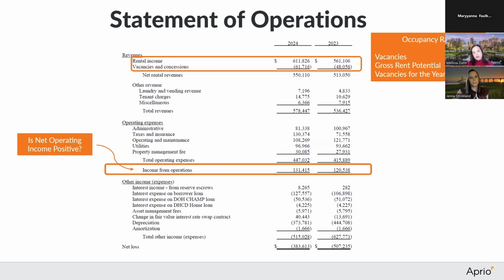So I see, are required deposits to reserve accounts considered an expense? If not, why? So they are not considered an expense. They are considered an addition to your balance sheet. So it is cash that is going out the door of the partnership, but it's being placed in a reserve. So you still technically have that as an asset.